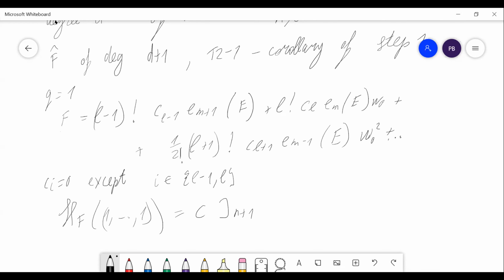Which is, how do I put it? Basically, it's C, 0, 0, 0, 0, 1. So sort of a weird inverse of an identity matrix.